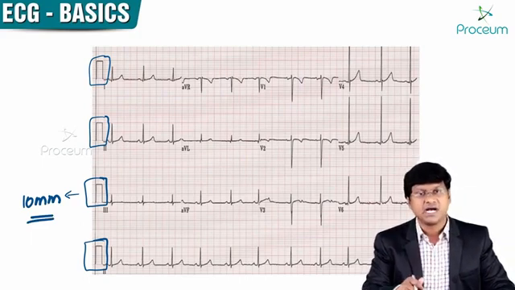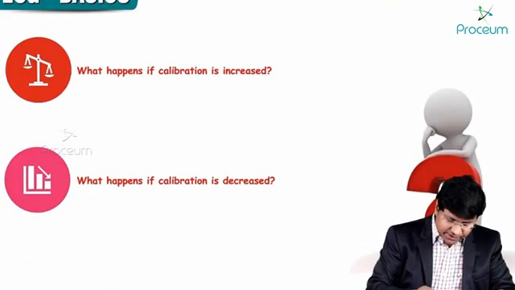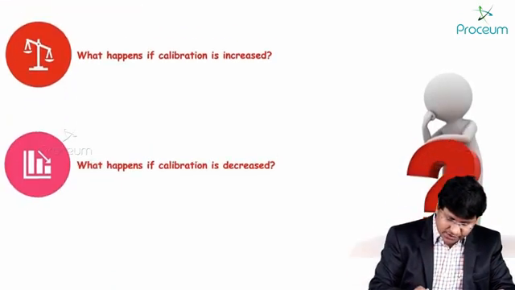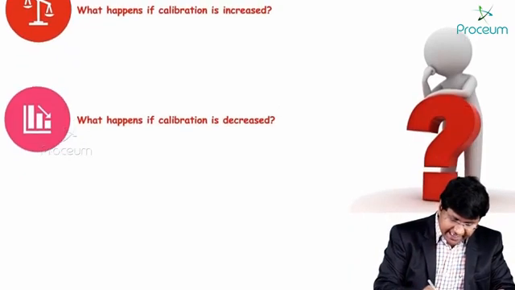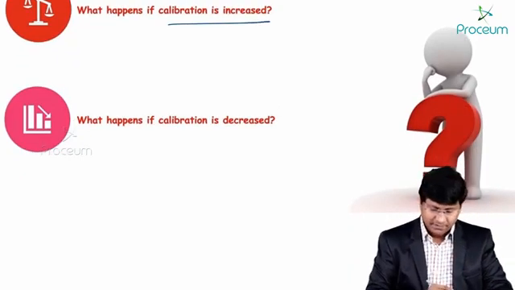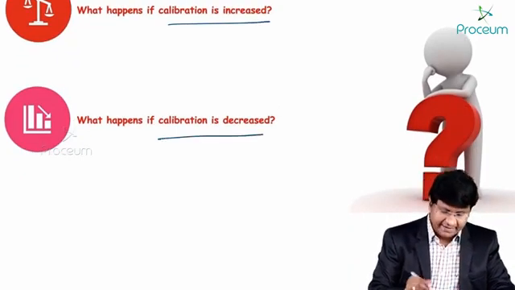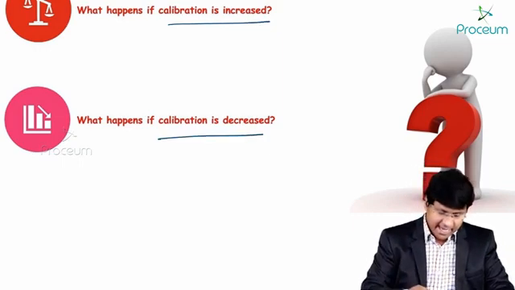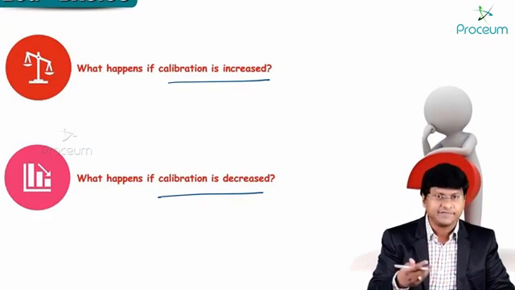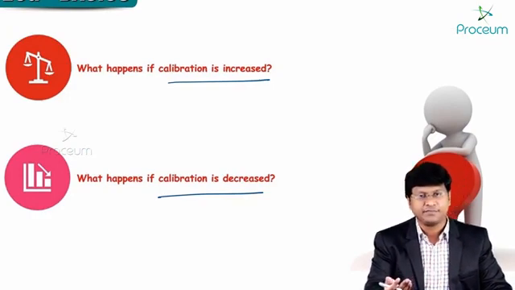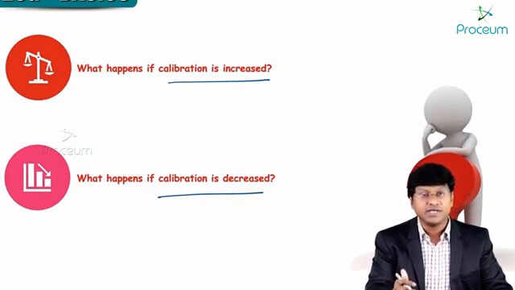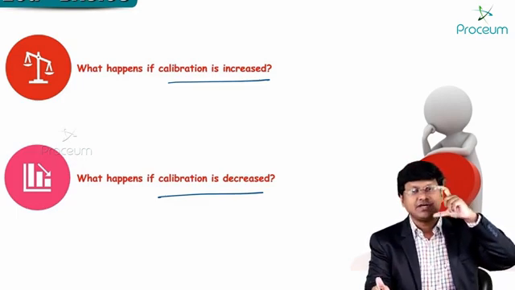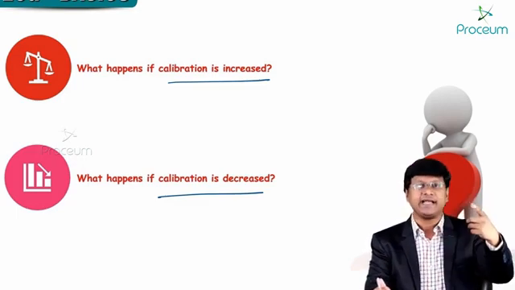So now what is our question? Our question is, what happens if the calibration is increased? What happens if the calibration is decreased? Let me show you both. Calibration increased, for example you have put a calibration of 15 mm, 20 mm. In such a case, you will have ECG complexes with greater amplitude.